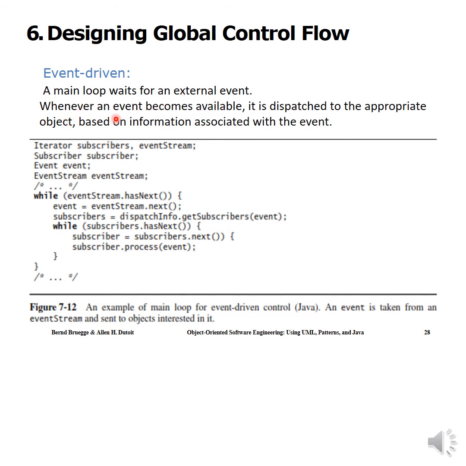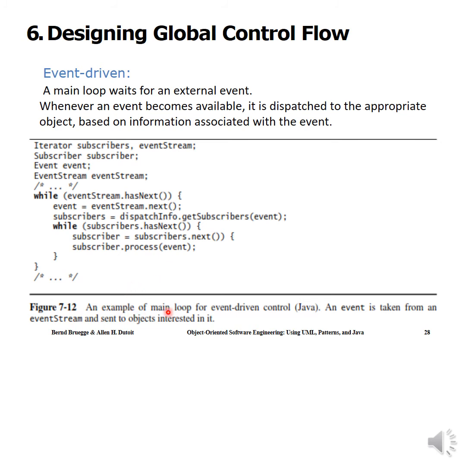Whenever an event becomes available, it is dispatched to the appropriate object based on information associated with that event. Generally there is one loop that is responsible for listening to events, so it is basically centralizing all input in the main loop.